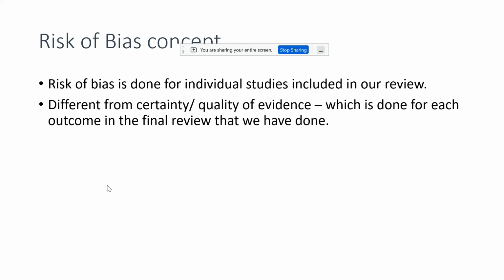But in fact, if each study is measuring maybe 2 main outcomes that we are evaluating in our systematic review, then for each we will do risk of bias assessment twice. Okay, so for each outcome that has been evaluated, we will do risk of bias assessment. Is that clear?